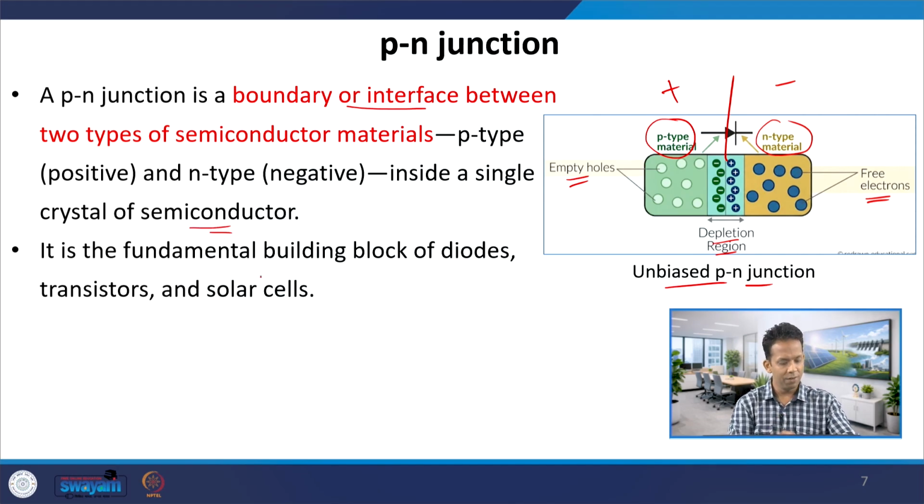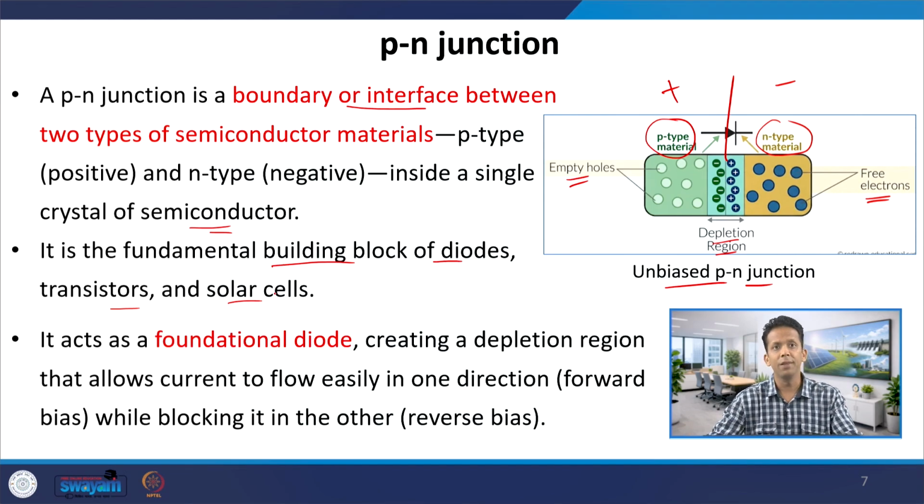It is the fundamental building block of diodes, transistors as well as solar cells, and it acts as a foundational diode, creating a depletion region, and it is this depletion region which allows current to flow in one direction. When connected in forward bias, it allows the current to flow, and it blocks the current in the other direction, that is in reverse bias. So a P-N junction can be forward biased or reverse biased.